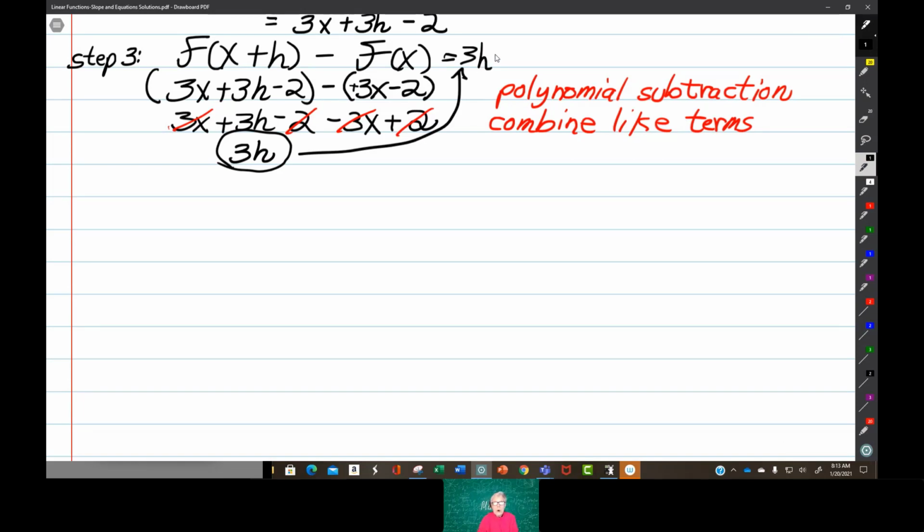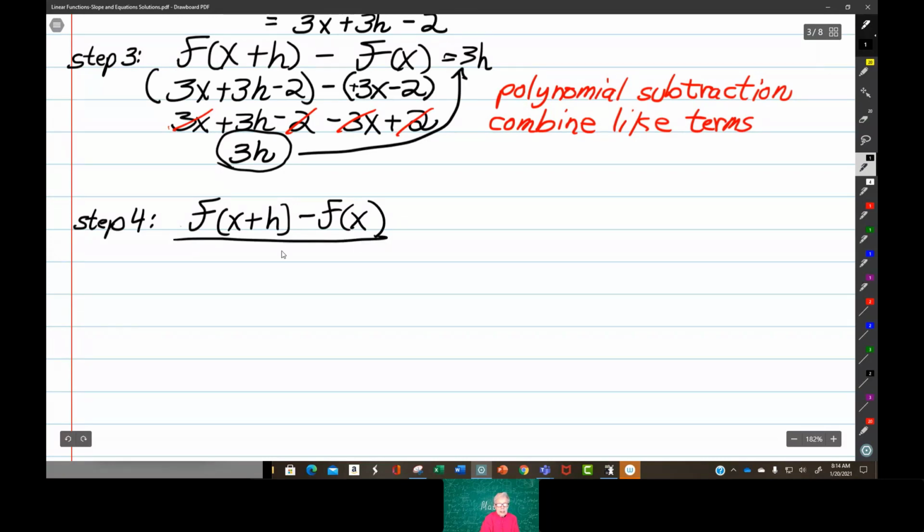So what? We're almost done. Step 4. Now we do the whole problem. F of x plus h minus f of x over h. This is the difference quotient, the slope of the line. F of x plus h minus f of x is 3h.